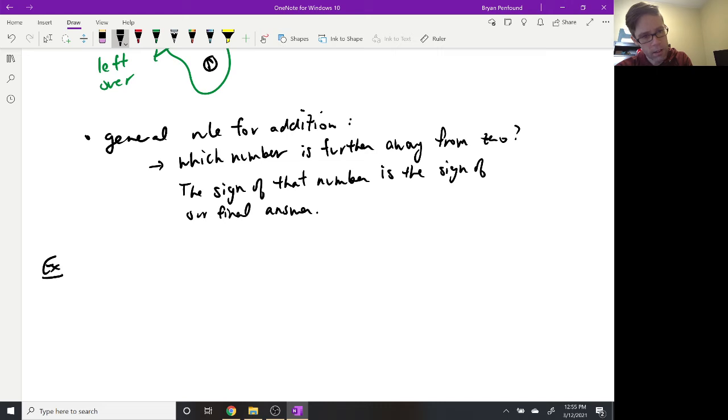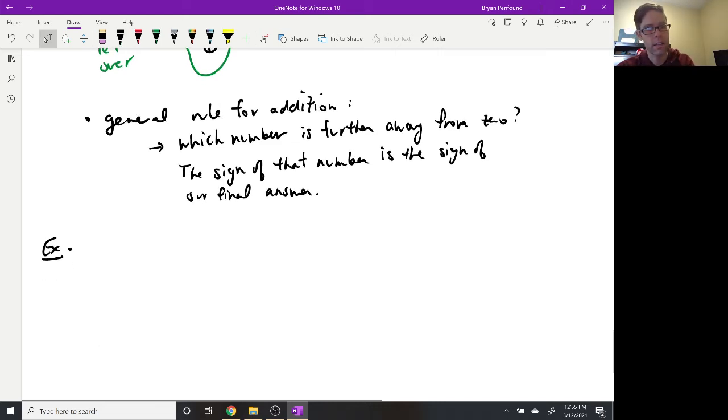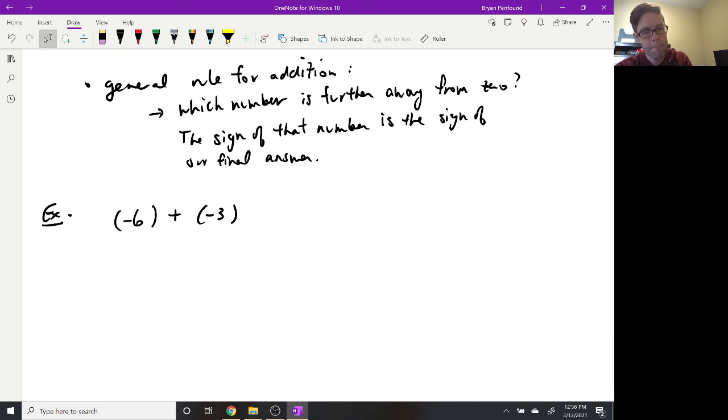Let's keep on working with some more examples, just so you get a sense of what I'm trying to allude to here. So maybe let's take a couple of negative numbers like this. How could I model -6 plus -3? Well, in this case, we're going to model our add-ins.